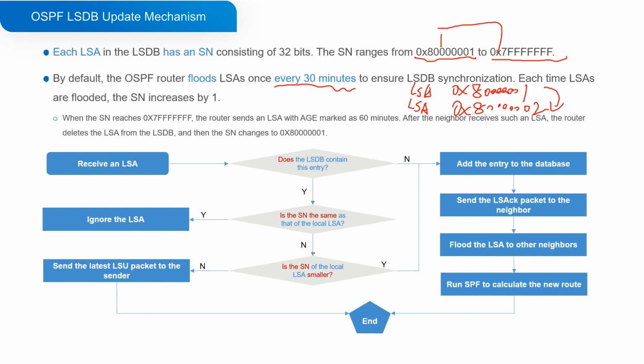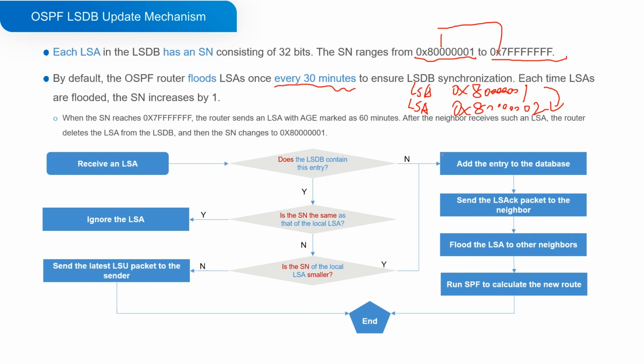If the SN of the local RSA is smaller, it means the RSA we received is the newest, so we have to update the RSDB.